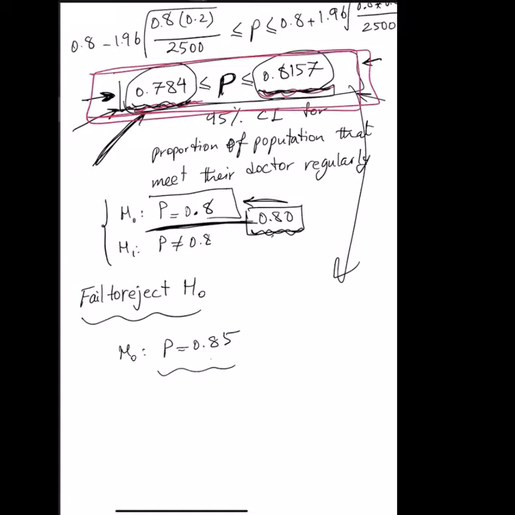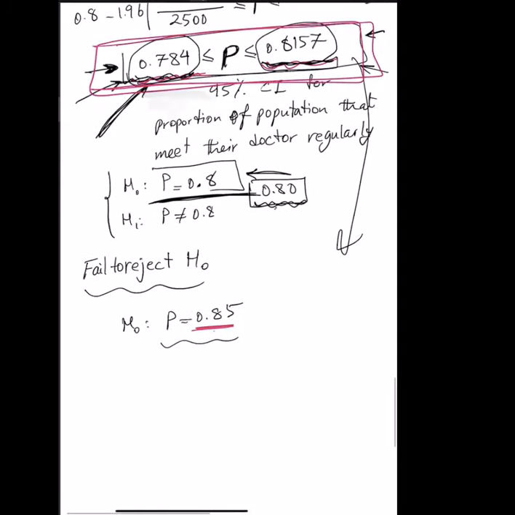If you think that P is 0.85, I'm going to say no, that's not possible, I think. So in this scenario, we reject the null hypothesis because whatever you are thinking about is not in the interval that we put together. So that probably is not the value of P. Is that clear?